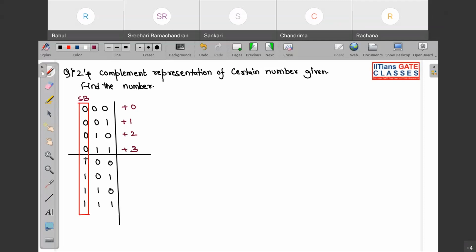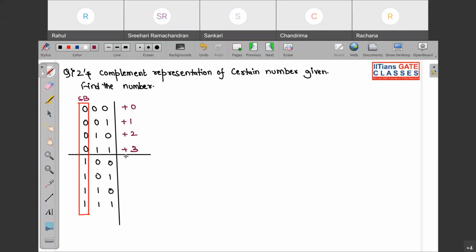In the next 4 sequences, you can see I have a sign bit that is 1. So 1 corresponds to a negative number. So for getting the original number, I need to take the 2's complement of the given 2's complement number. If I take the 2's complement, what will be the number?